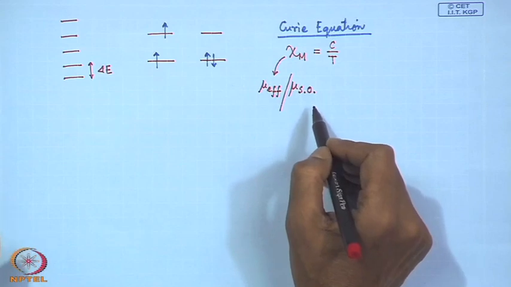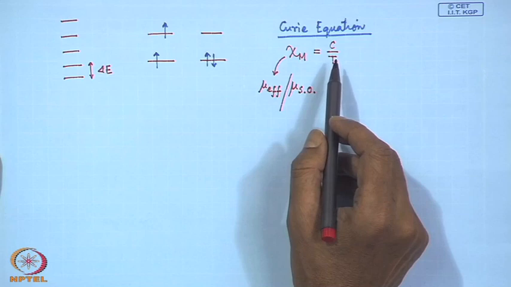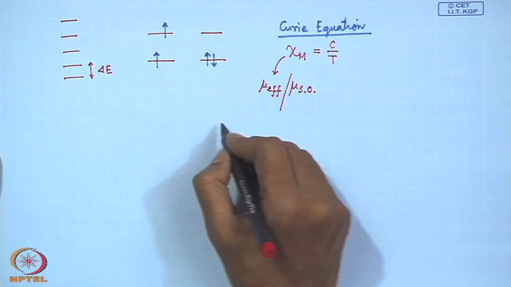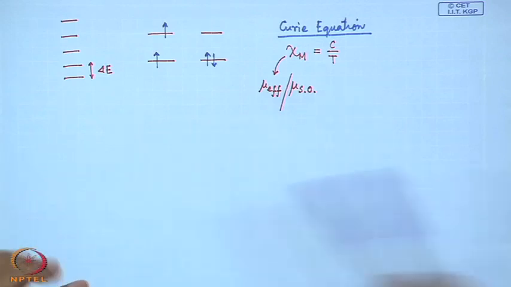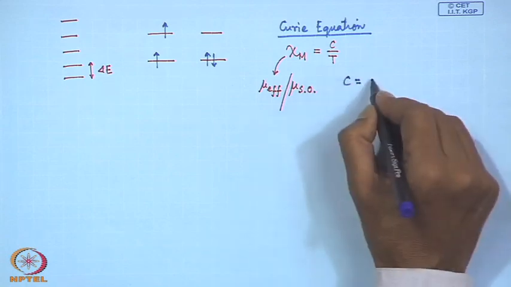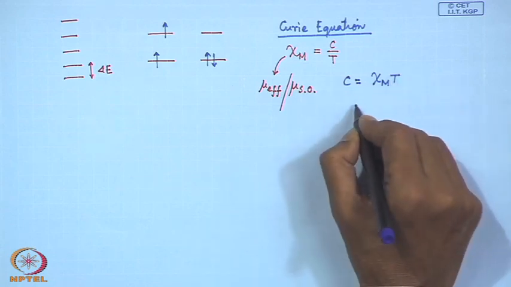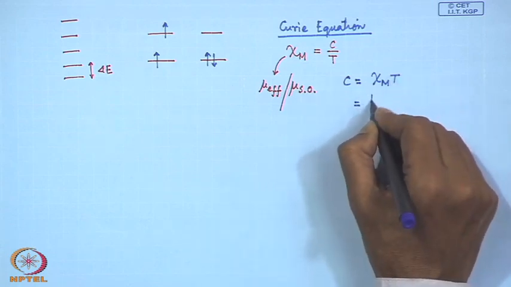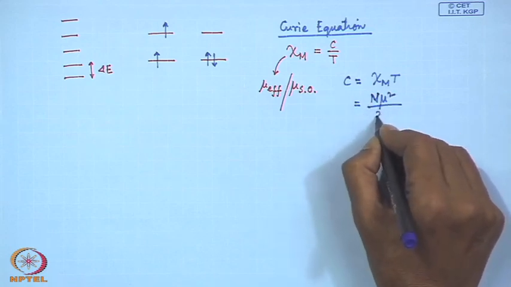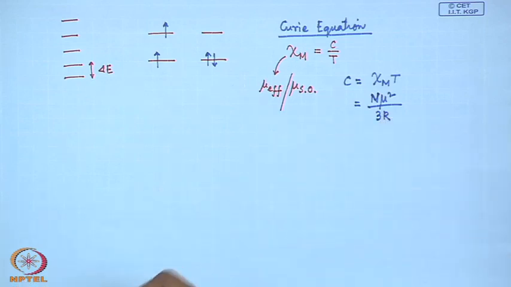So, if we get that value for C by T, this C can be equated to chi m T, and this relationship also gives us the value for N mu square by 3k, where k is the Boltzmann constant.